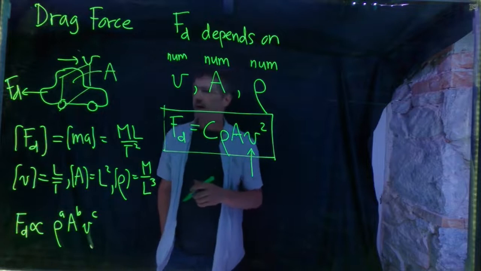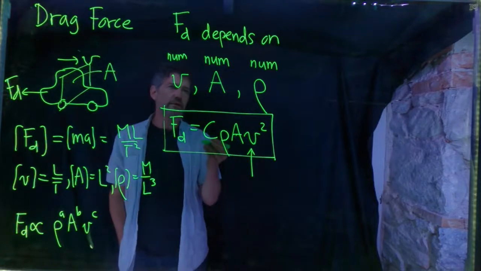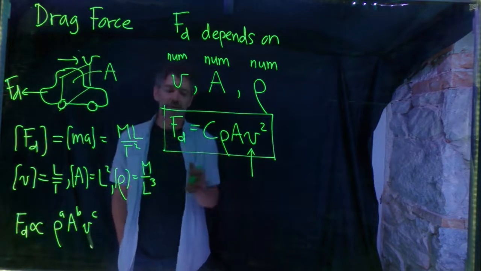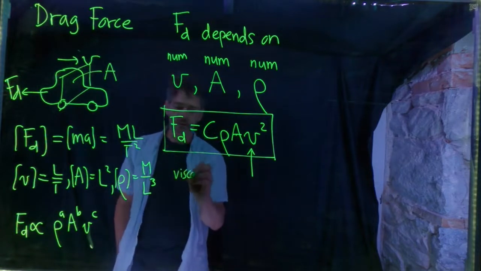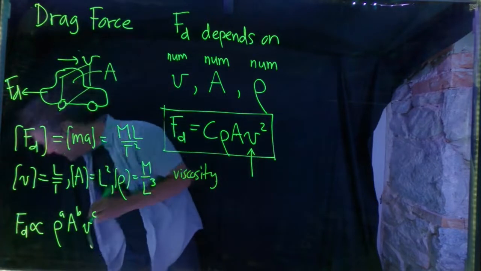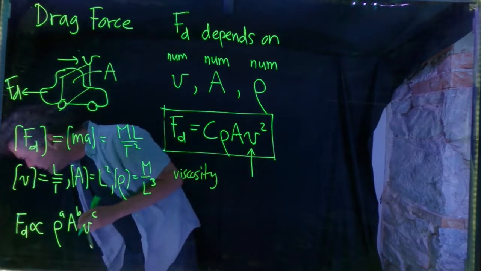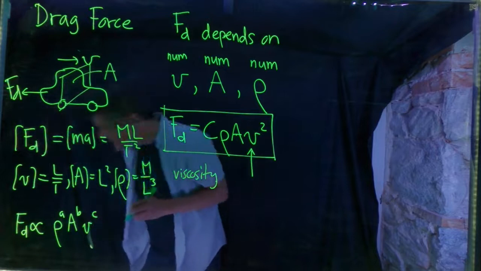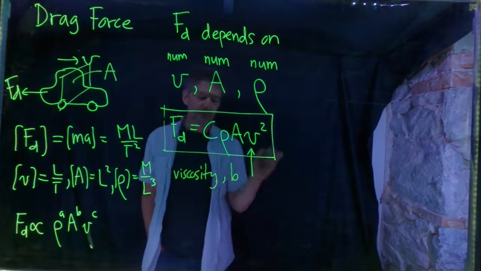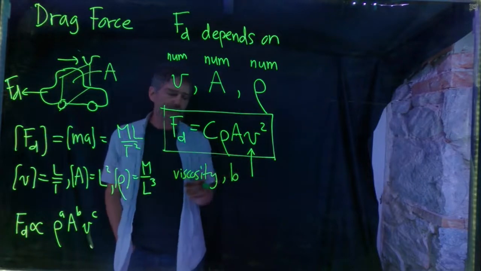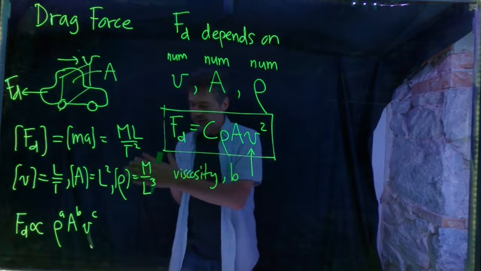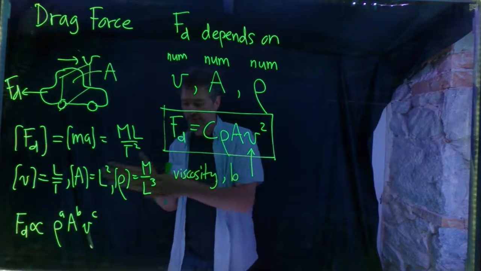I'll also add that you can get more complicated if there is an additional parameter associated with the fluid, say viscosity. Did I spell viscosity right? Yes. So if you have viscosity, let's give it a symbol B. That's a property of air, having to do with how layers of air move against each other and provide friction against each other.